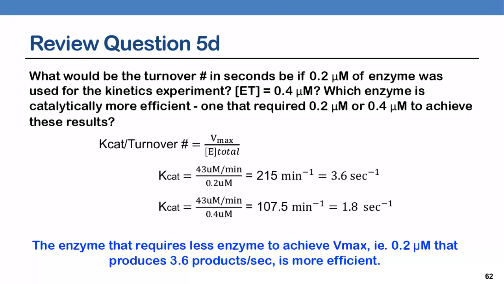Whereas for 0.4, you need double the amount of enzyme in order to hit that same Vmax. And we can compare that in terms of our kcat, where you get 3.6 substrates being converted per second rather than 1.8.